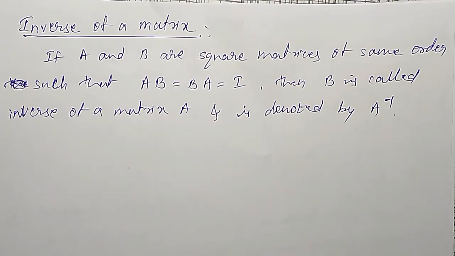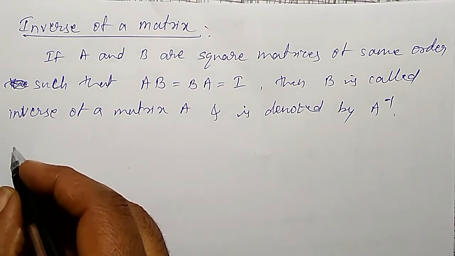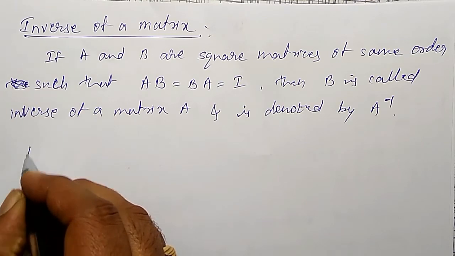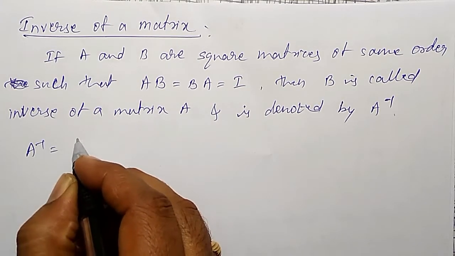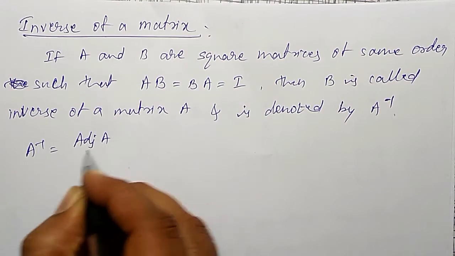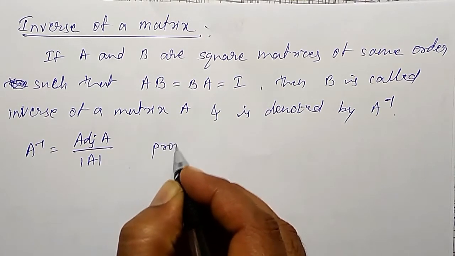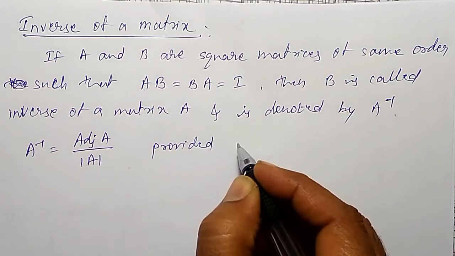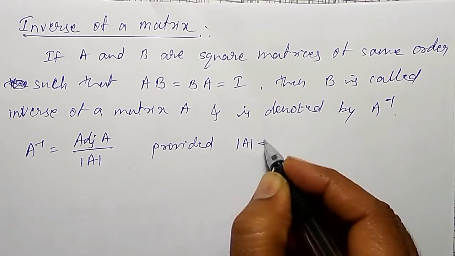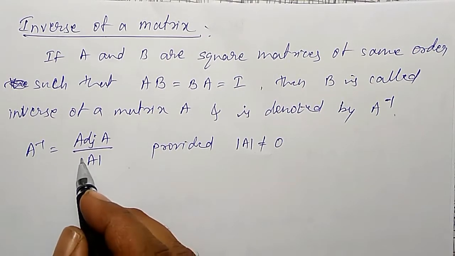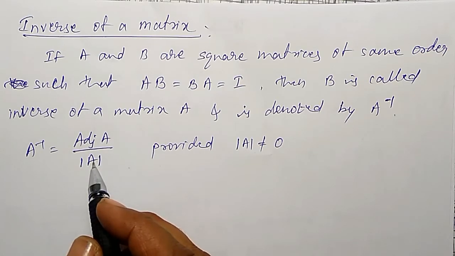Then to find A inverse, we use the adjoint of A divided by the determinant of A, provided the determinant of A is not equal to 0. If the determinant of A is equal to 0, then every element will become infinity.